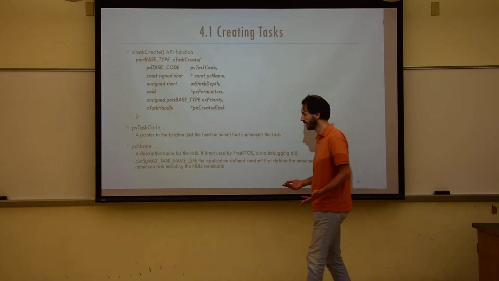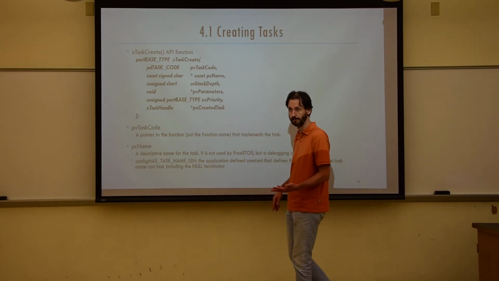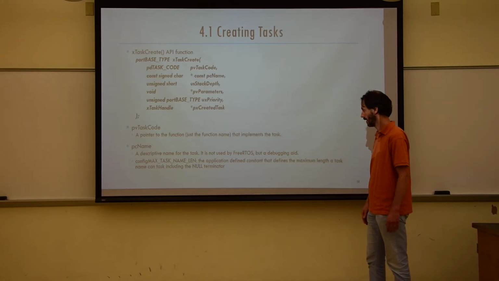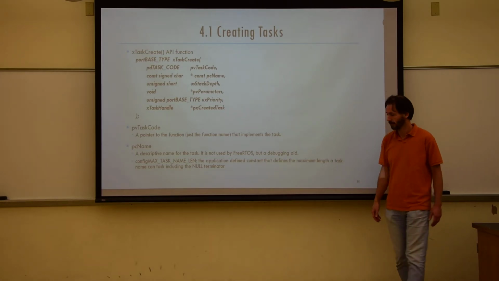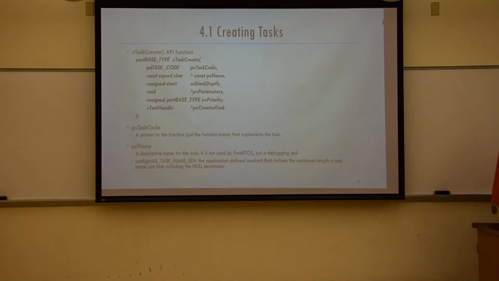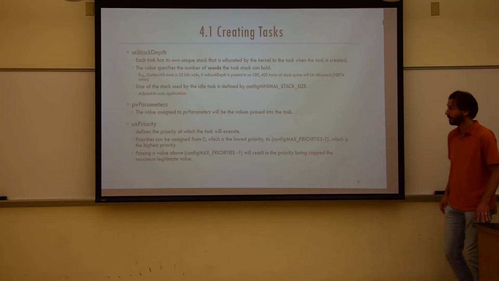And in the config file, you need to set the maximum number of characters that you can use for such a name, and then you can accordingly write names. So that is the PC name. We have the stack depth.